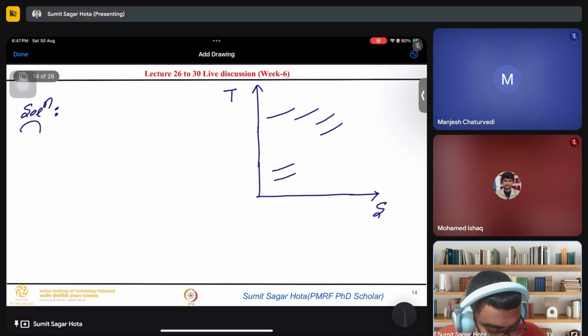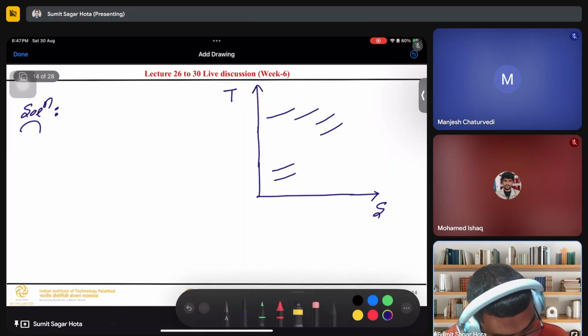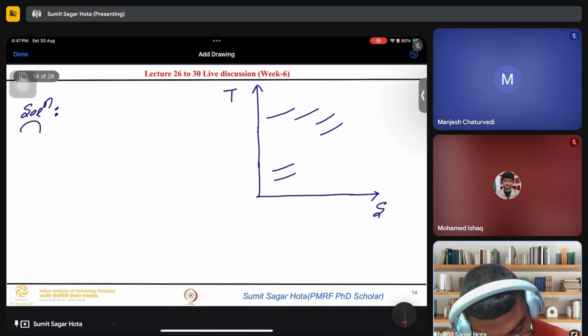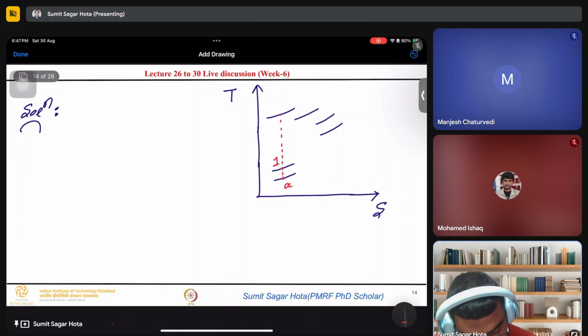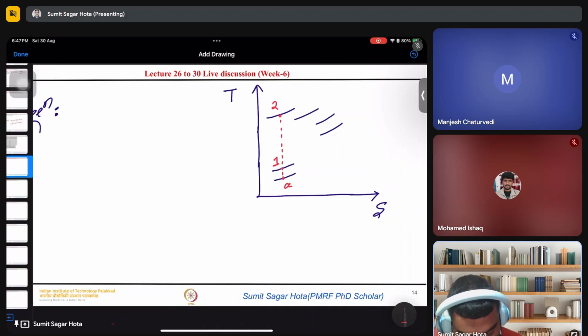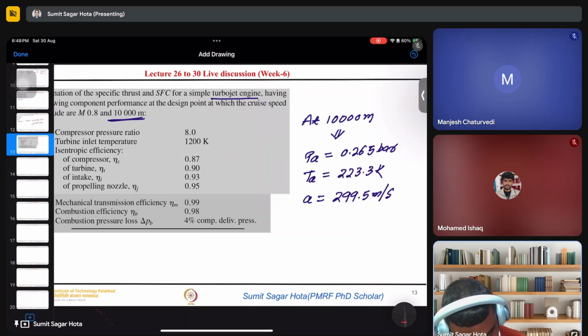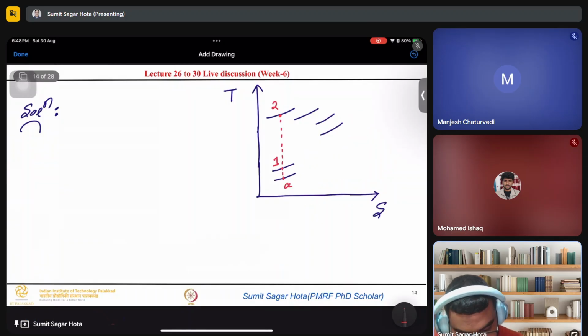It's not a simple Brayton cycle, but the processes are the same. Like A is here, this is your 1, this is your 2. And then they are talking about the combustion pressure loss of 4%. Here that pressure loss will come between 2 and 3. Between 2 and 3 there will be combustion.